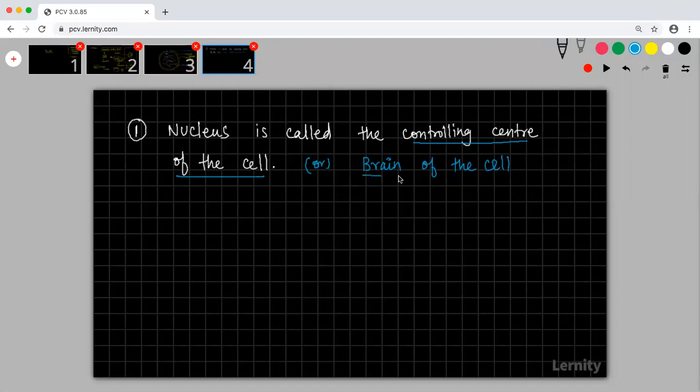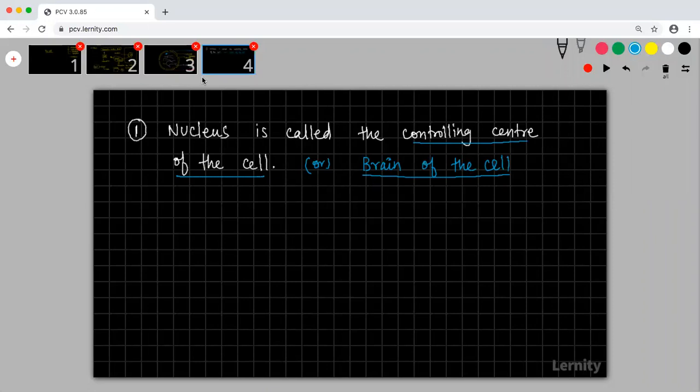What is the meaning of brain of the cell? So for the body, brain is very important. That is the thinking part. The same way in a cell, the thinking part is going to be your nucleus, or the information which is going to be there is in the nucleus. So that is going to control everyone.